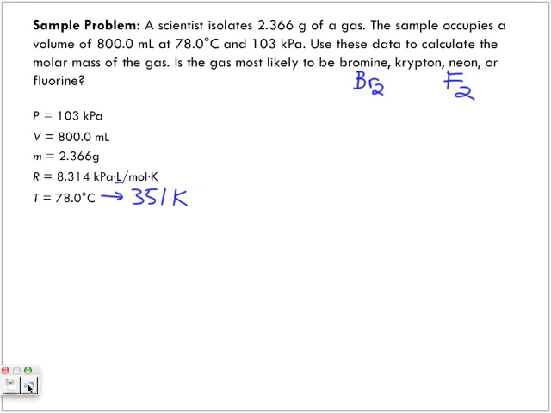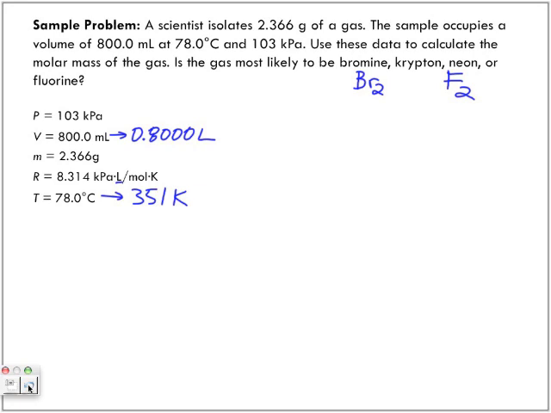So make sure that your volume is also in liters. So our volume is 0.8 liters, but we've got 4 significant digits. So try to keep the 4 significant digits running in your steps. You don't have to. It's not going to really make any difference in your final answer, but you just don't want to mistake the number of significant digits into thinking that, oh, I've only got 1 now.